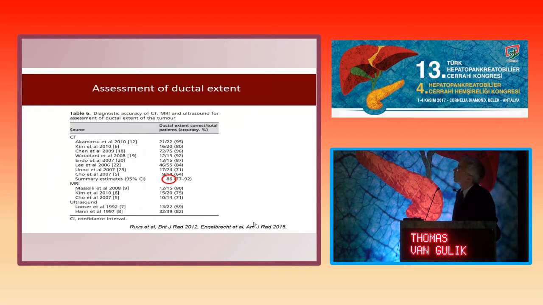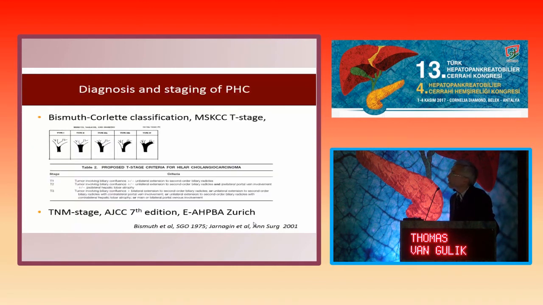When you want to look at the ductal extent, the use of CT scan is also better than MRI, although now with the improved techniques of MRI, that is one thing we should look further into, especially when you do very detailed MRCPs. But let's say that we still rely very much on the CT scan to map the tumor and to define our surgical strategy.